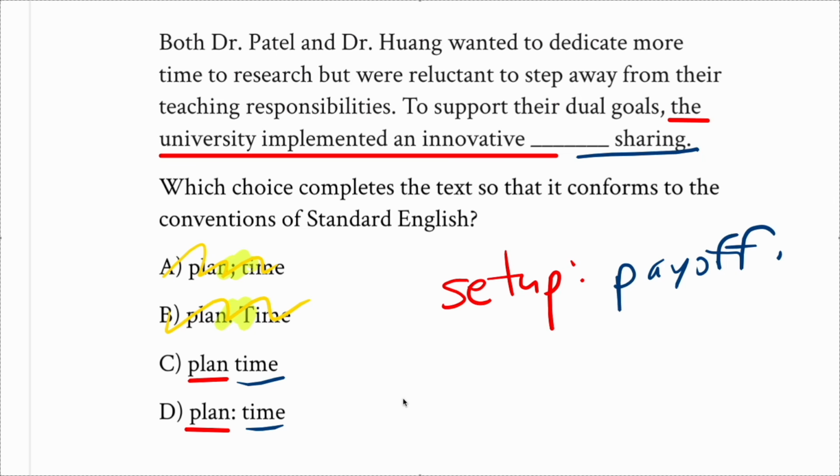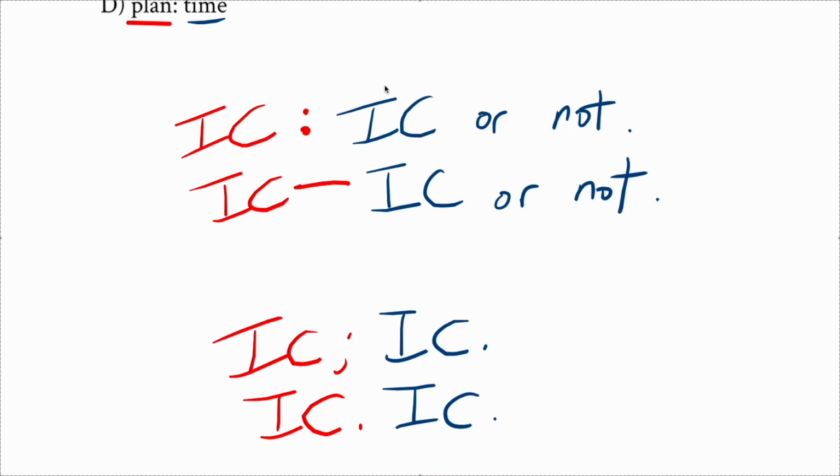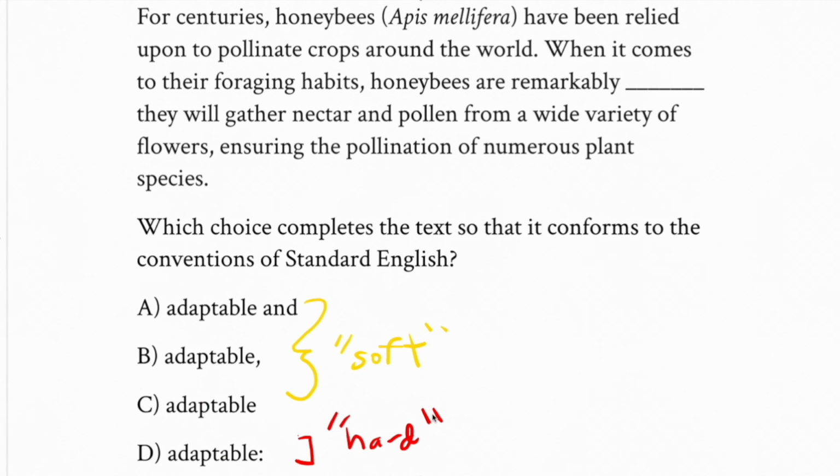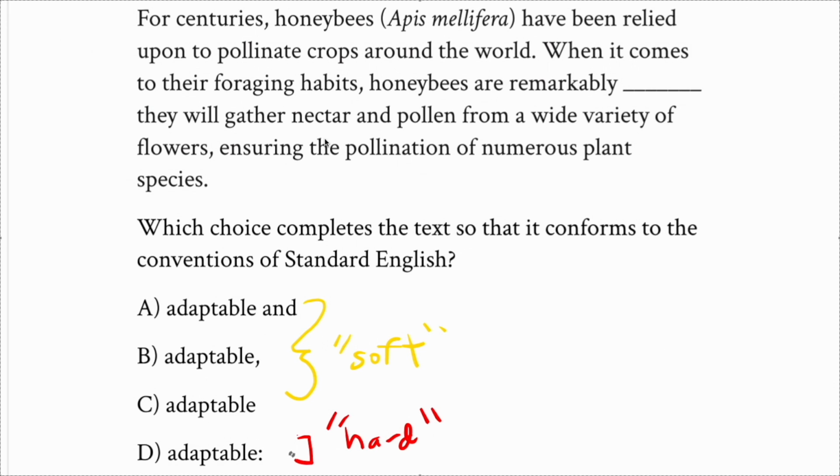Going back to this, see that if you have an independent clause after the punctuation mark, you can use the semicolon, the period, the dash, or the colon. You can't use just a comma, or just and, or no punctuation at all. And so if it turns out that we do have a second independent clause after the blank, that's going to be a sign that we're going to have to go with D.